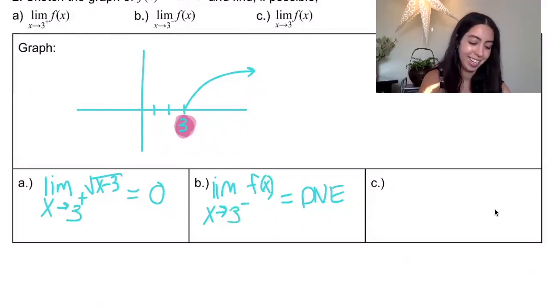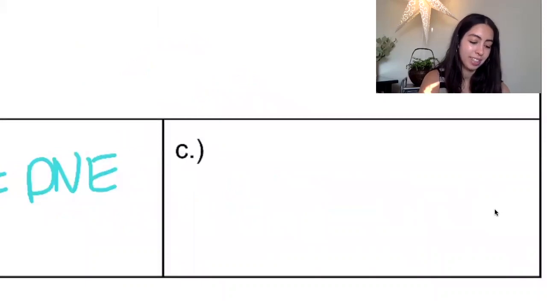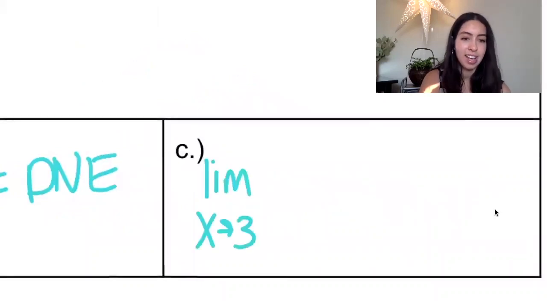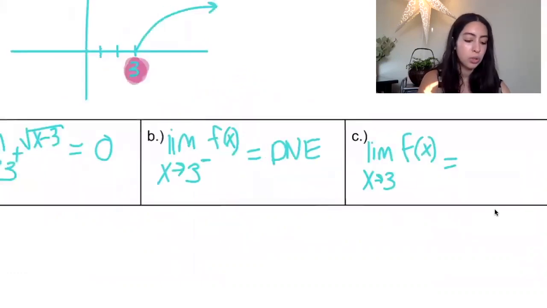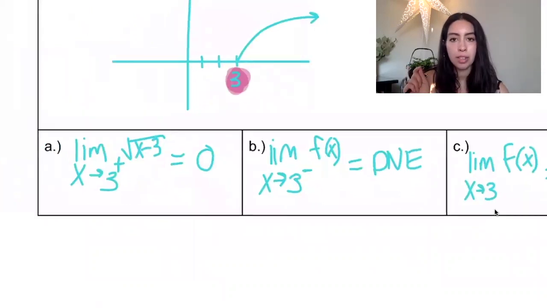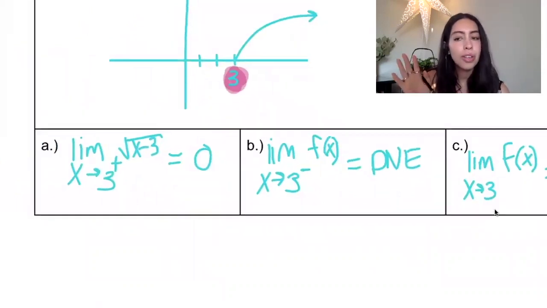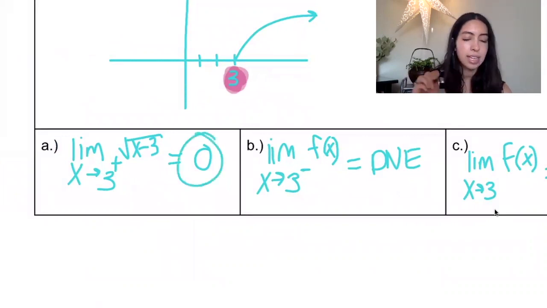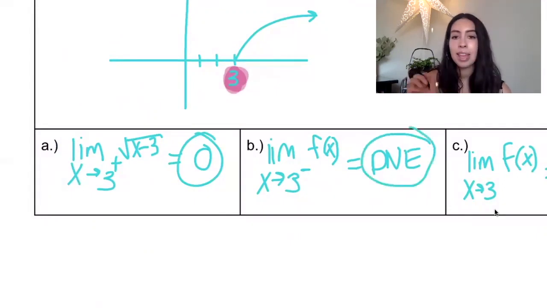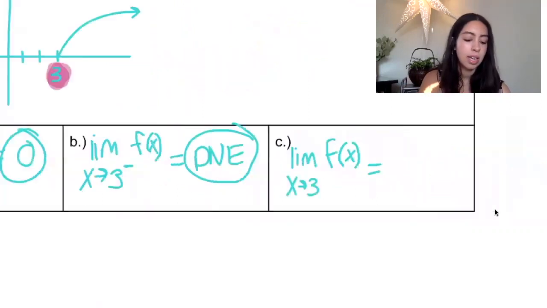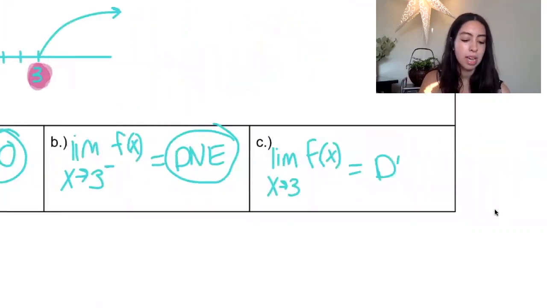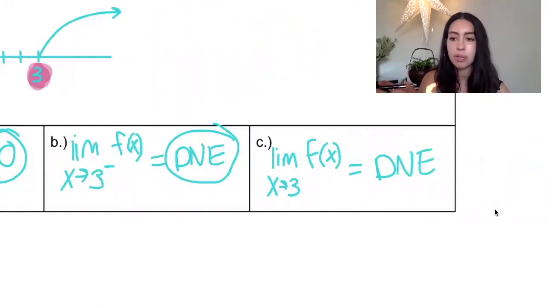Okay. Now the last part, the limit as x goes to 3 of f of x. Let's just write f of x. So here's where the two are going to come together. Now, if the limit as x goes to 3 from the right is 0, and the limit as x goes to 3 from the left does not exist, they are not the same, then our limit as x approaches 3 in total does not exist.